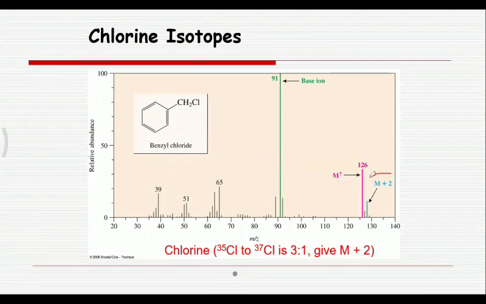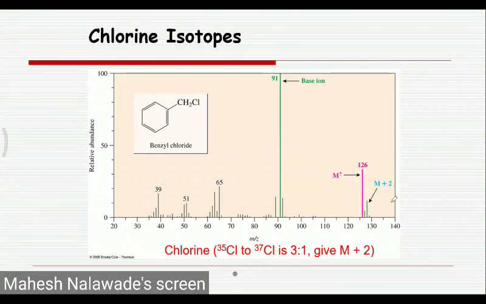And we also observe the isotopic peak at the value of M+2, that is 128, because of chlorine 37 as an isotope.